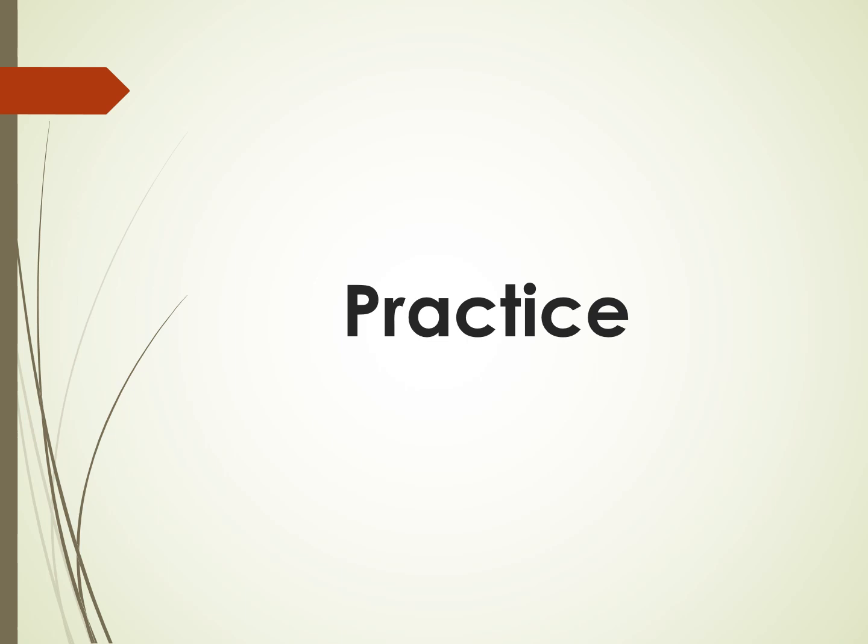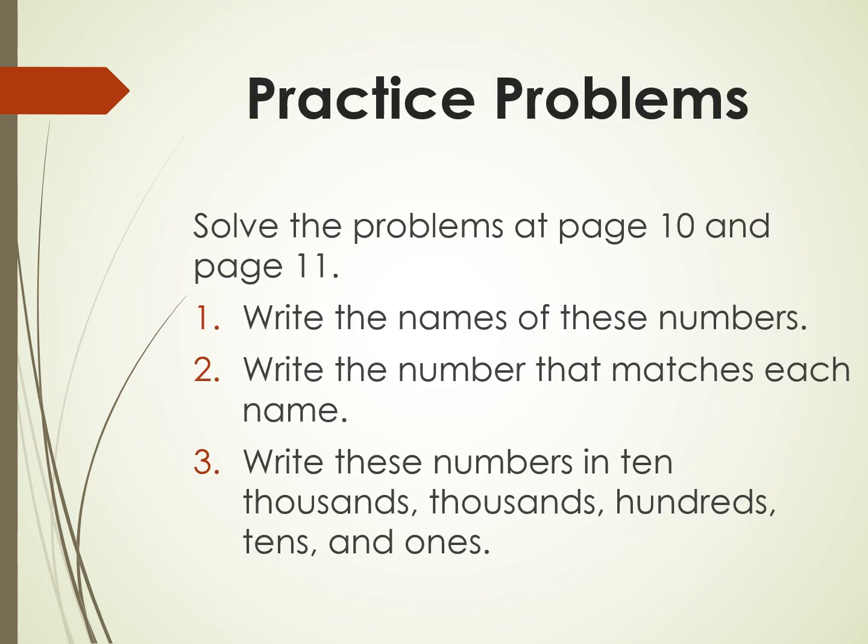You're doing pretty good so far. Let's have some practice problems for you to apply the knowledge about five-digit numbers, how to name them and how to place them in their respective columns. There are some practice problems at page number 10 and 11 for you. The first question requires you to write the names of these numbers.